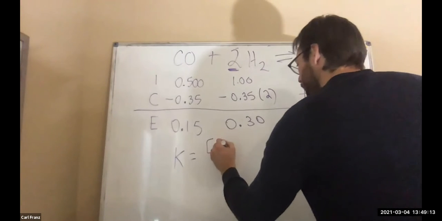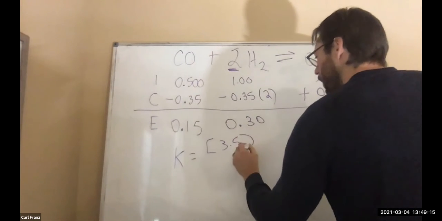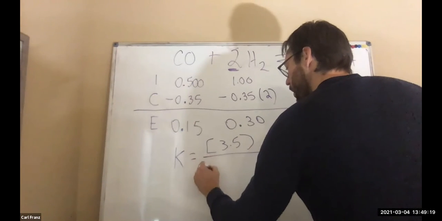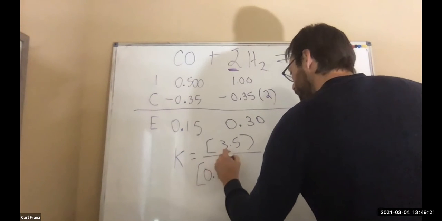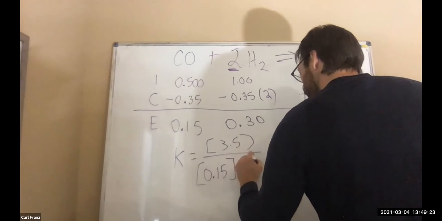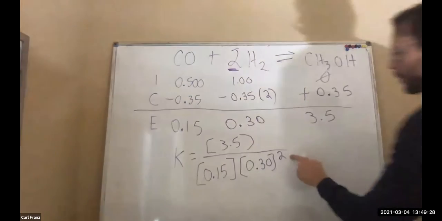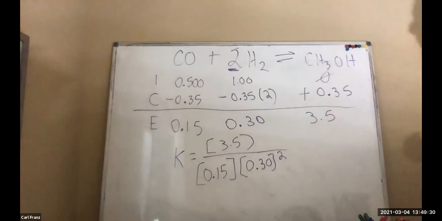So the concentration of 3.5 over the concentration of 0.15 times the concentration of 0.30 squared, right? Because we take it to the power of the coefficient.